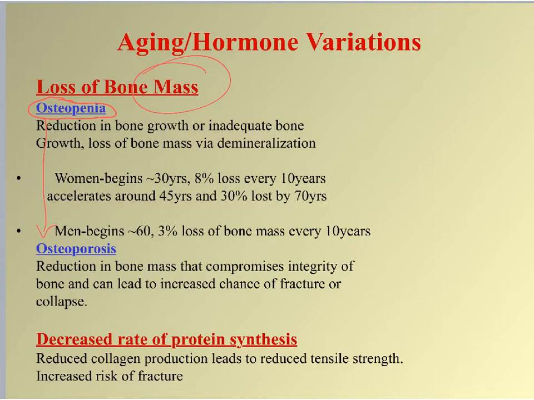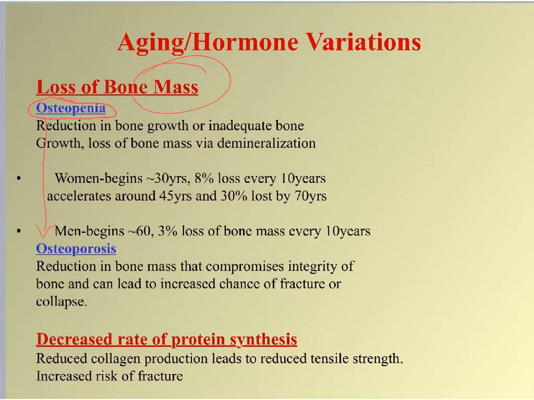So osteopenia is a reduction in bone growth. So you're not doing your daily repair of bone growth, or you have inadequate repair of bone. So you have a reduction in bone growth or inadequate bone growth.